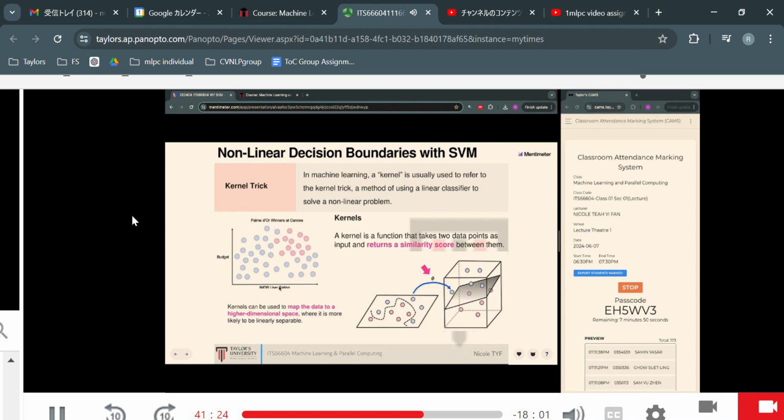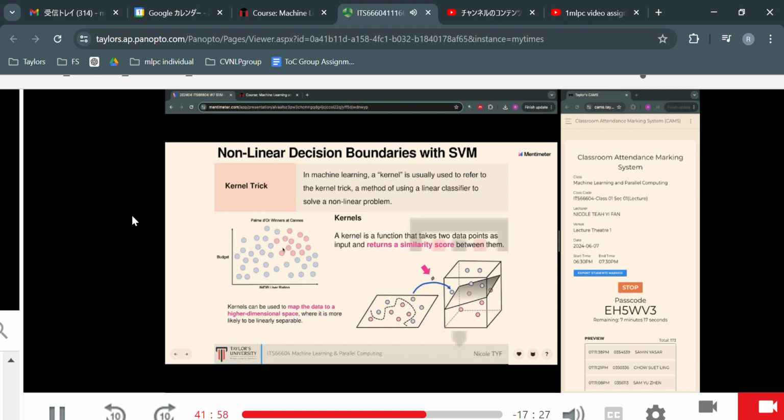So how is the SVM able to use a straight line or a straight plane to separate these two classes? It is by a trick called the kernel trick. What it is trying to do here is, why don't we raise these data points up to another dimension? If you were to raise the pink color points to another dimension, we can then cut them off using a hyperplane. This is what is meant by a kernel trick.